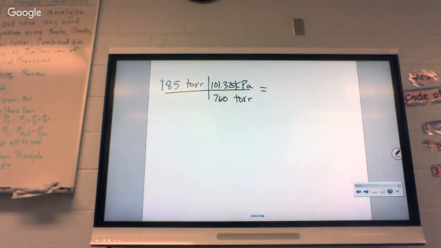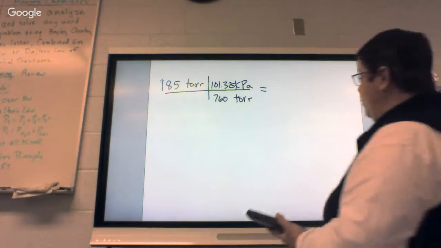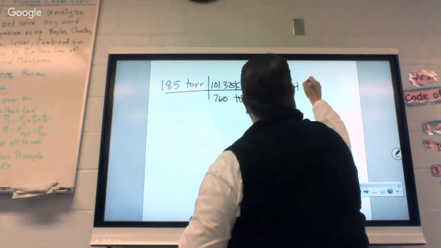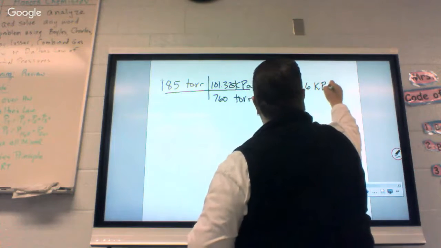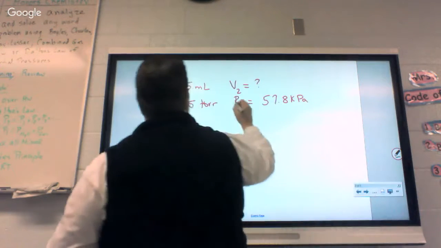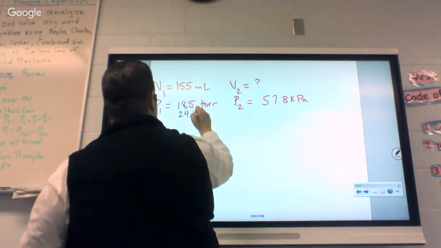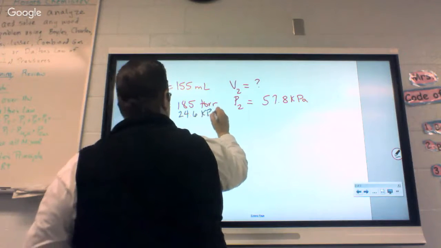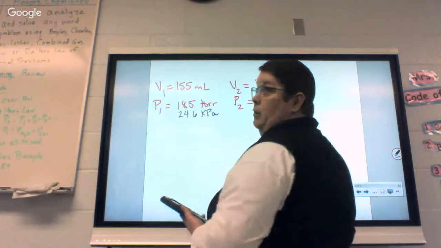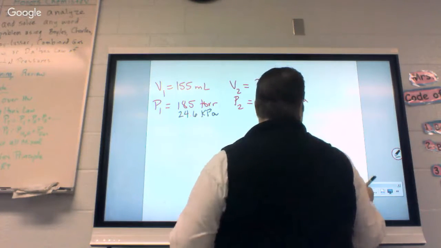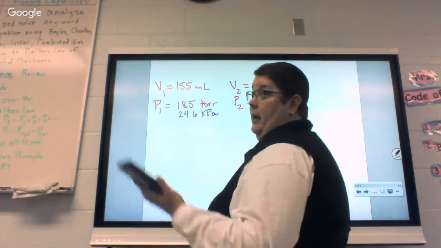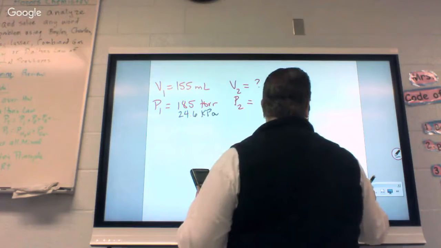So 185 times 101.325 divided by 760 is 24.6 kPa. I don't worry about rounding or any of that. I tend to drop it off, but if you round, that's fine.